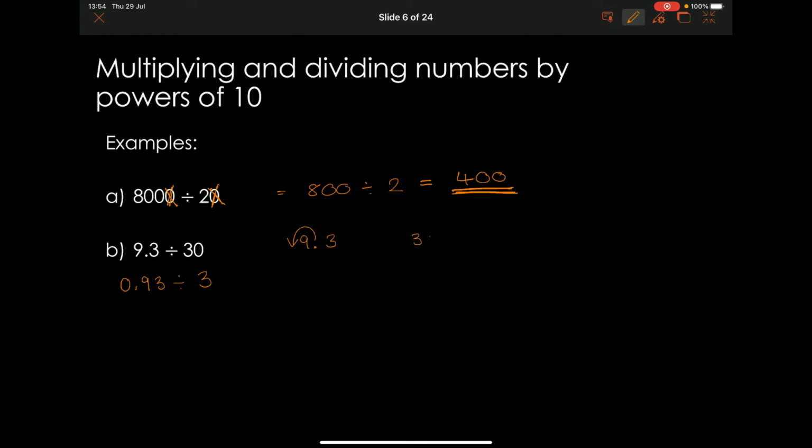And then we've taken the 30 and divided by 10, which means we had to get rid of the 0. This is nice and easy because all we're going to do is put our 0 point back in, and do 9 divided by 3, which is 3, and 3 divided by 3, which is 1. So our answer would be 0.31.